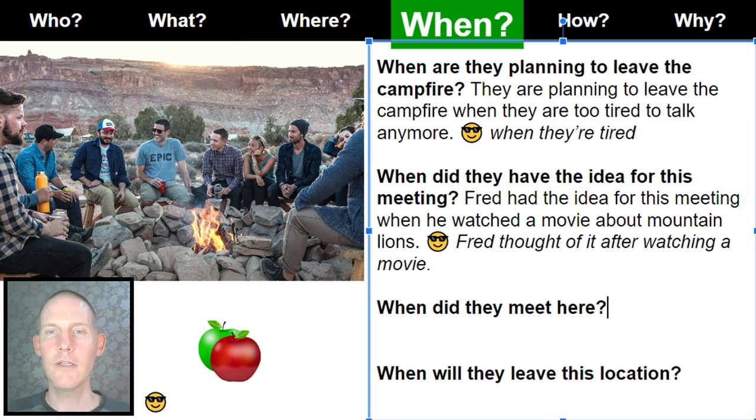When did they meet here? The long answer would be they met here. Remember, we have to change met to the past tense, and meet is the infinitive. It's the base form of the verb because it comes after did. So did is like the helping verb. It's helping out meet. Did meet. So we can't say did met. We say did meet.